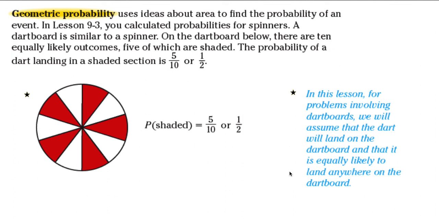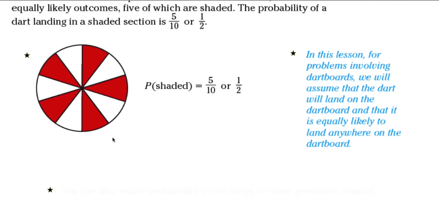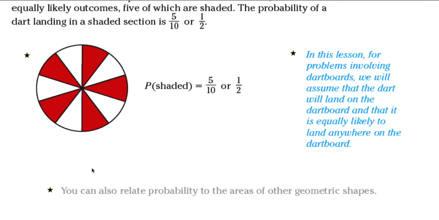We are assuming that you don't have any skill in throwing the dart. We can also relate probability to areas of other geometric shapes. Let's take a look at example number 1.